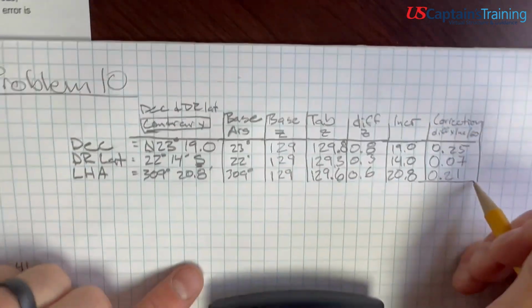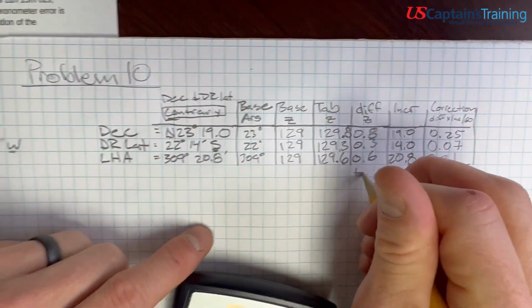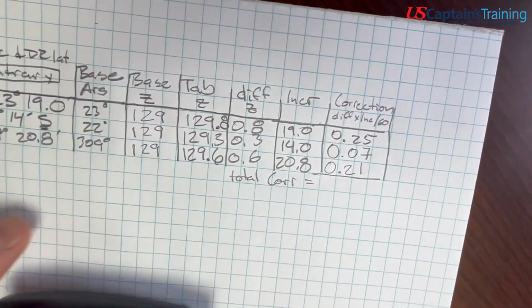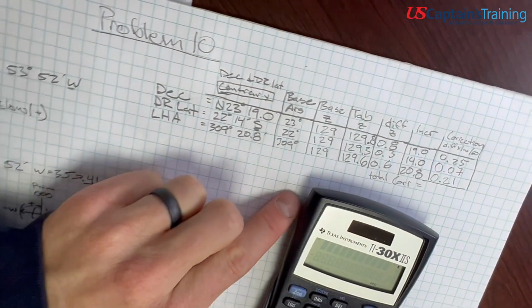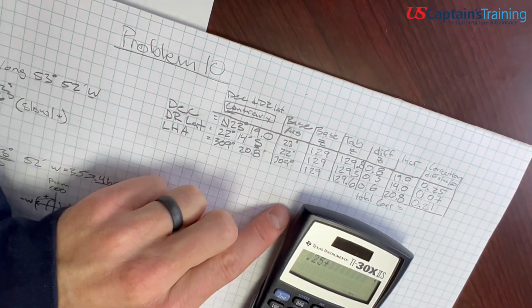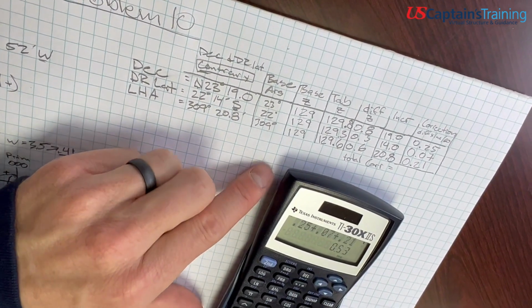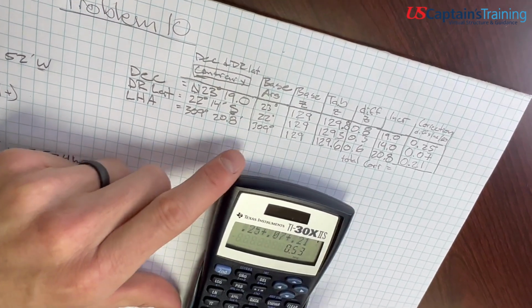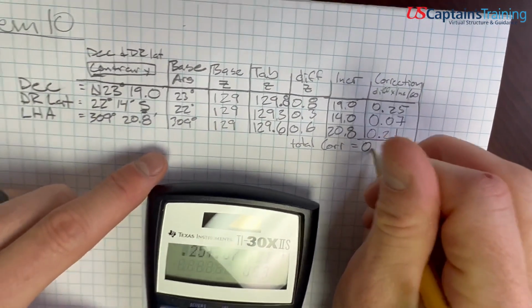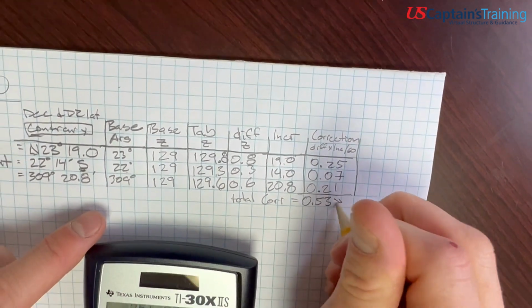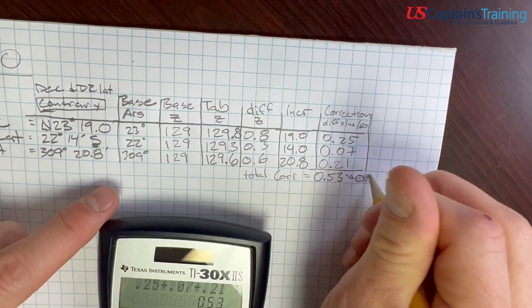Okay, we add these things up to get our total correction. Total correction equals 0.25 plus 0.07 plus 0.21 equals 0.53. We're just going to round that down to 0.5.